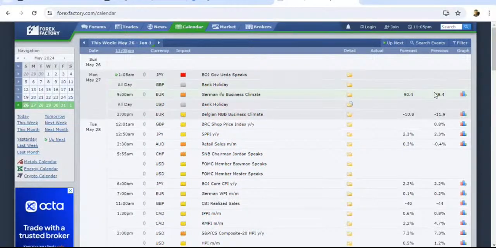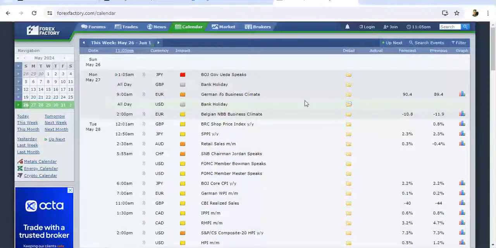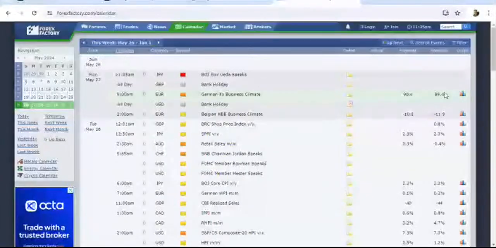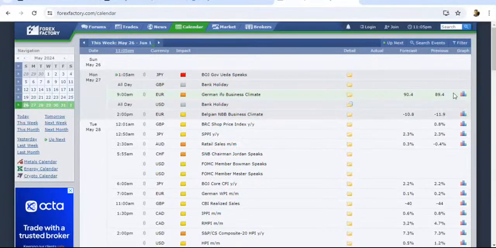So now, when you see the previous, let's say for a high impact news, this news is going to impact. That means it will not move very rapidly, but it's going to have a move, right? So 89.4 is the previous result from the last result.